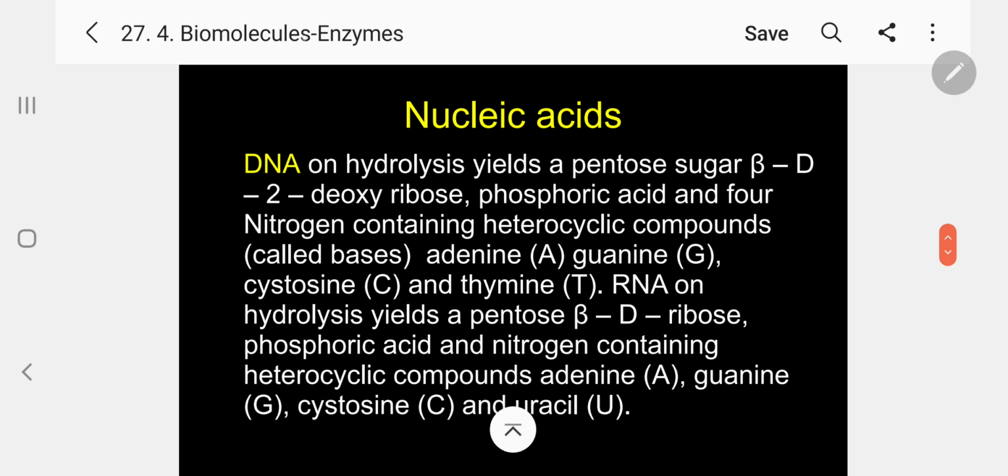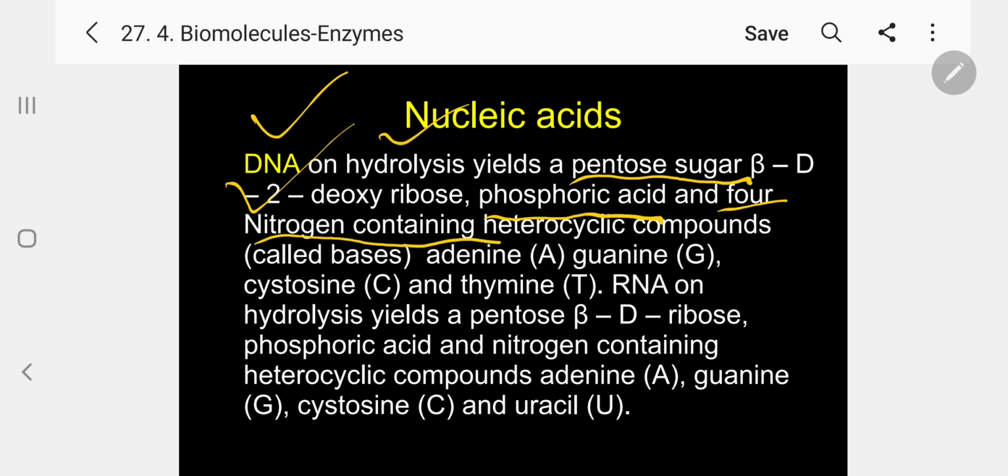Now let me concentrate on DNA and RNA. DNA, that is deoxyribonucleic acid, on hydrolysis yields a pentose sugar beta-D-2-deoxyribose, phosphoric acid, and four nitrogen containing heterocyclic compounds called bases. Please follow.